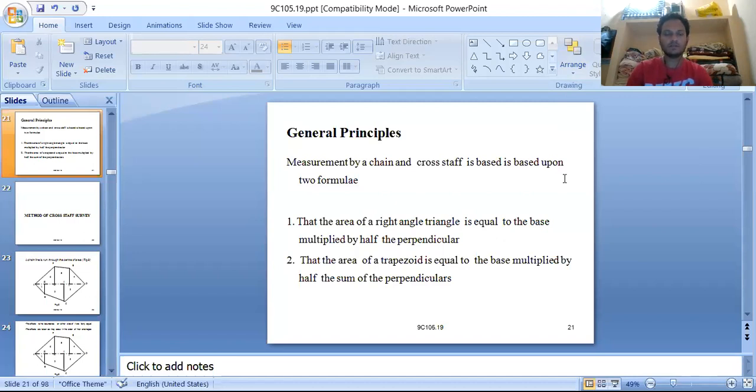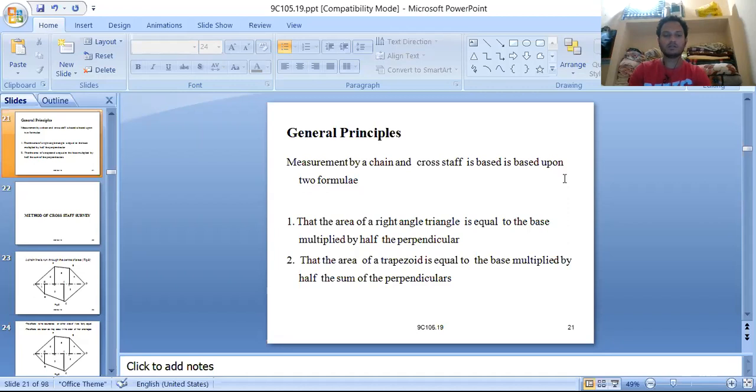The first one is the area of a right angle triangle, which is equal to the base of the triangle multiplied by half of the perpendicular, where base represents the distance along the chain which we laid. Perpendicular represents the offset distance. So the area of a right angle triangle is nothing but half into base into height. Using this formula, we will measure the area.